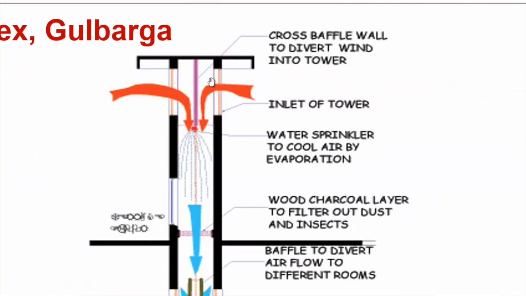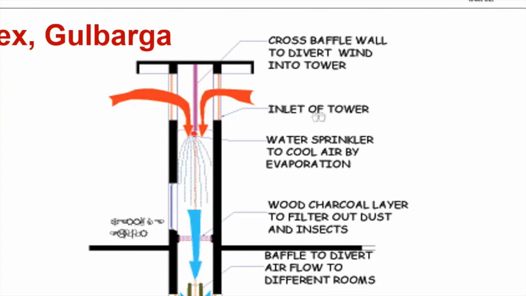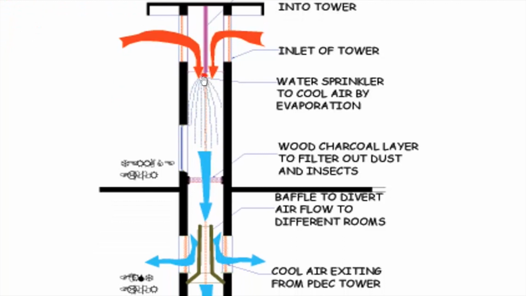Air comes in, there is a cross baffle wall to divert wind into the room, which means wind that comes in does not flow out directly, it does not act like an inlet outlet system, but there is a baffle wall. Because of the baffle wall, air is forced to go inside and it touches the water sprinkler located here.